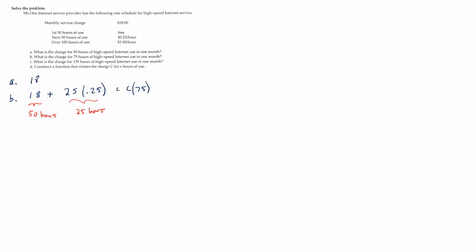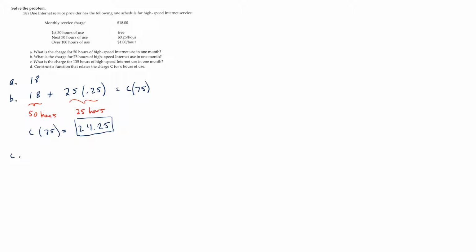So the cost of using the internet for 75 hours, I'm going to use my calculator. That would be 25 times 0.25 plus 18. It looks like it's 24.25. That's the answer to part B.